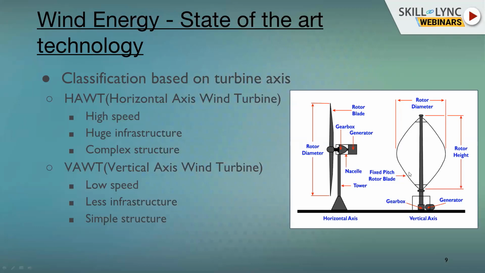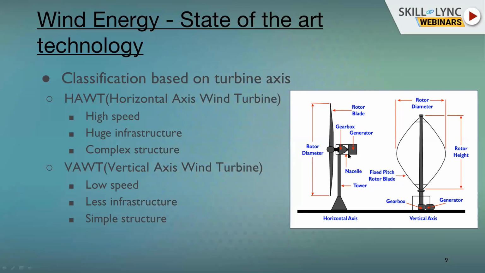But this vertical axis wind turbine has a very high torque, but it operates at a very low speed. So if you want to utilize this for electric power conversion, then we need a very complex, multi-stage gearbox arrangement.